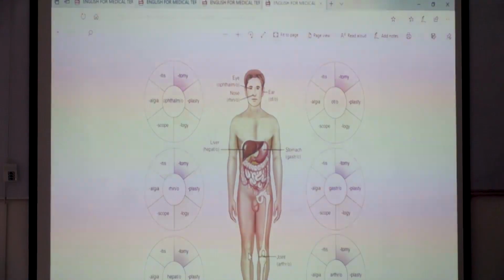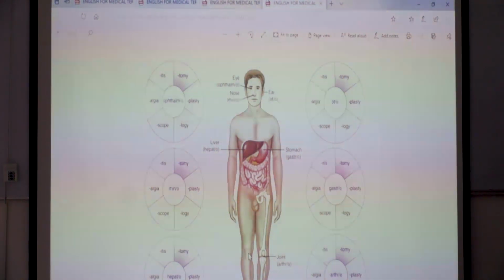This is the example for it, ophthalmo. You see, ophthalm, the root, O is a vowel. This both of them is in combined form. And we have the suffix itis, algia, tomy, scope, logy, plasty.